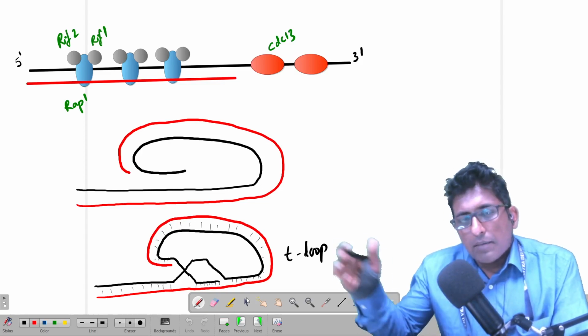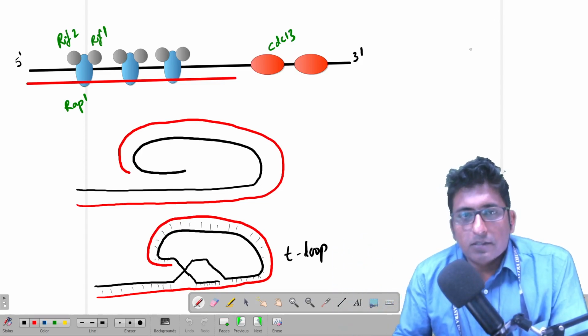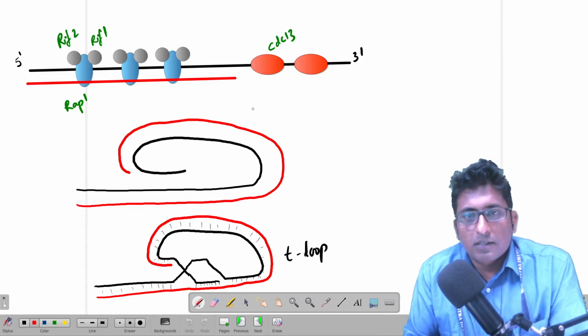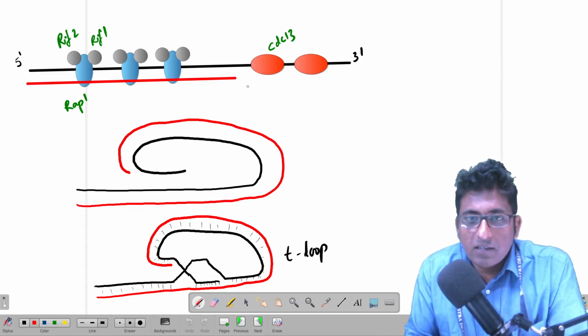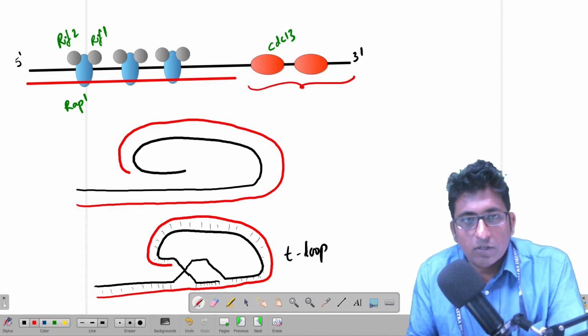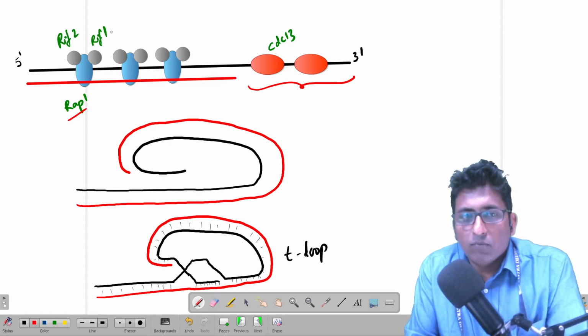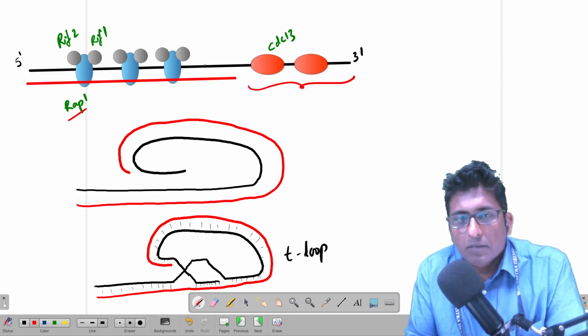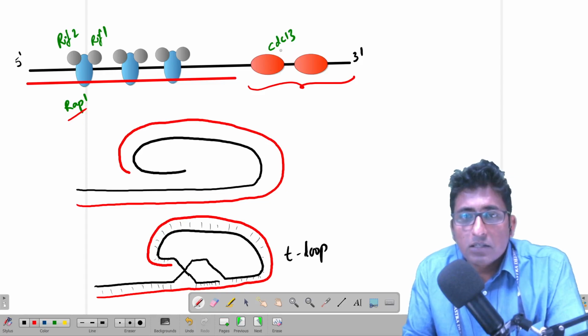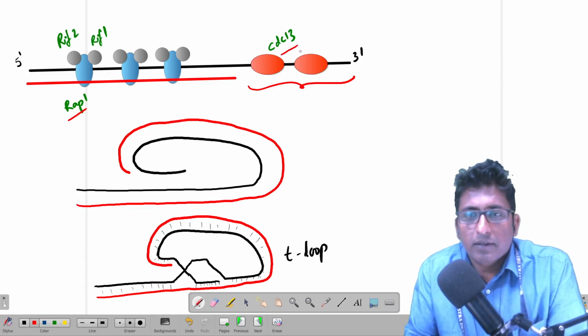And what does happen at the tips of the telomeres is the question. There are several proteins that protect the ends of the telomeres, because at the end one overhang will be left eventually. So there are proteins called RAP1, RIF2, RIF1. They coat the telomeres, they bind to them, and the ends are coated by CDC13, something like this.